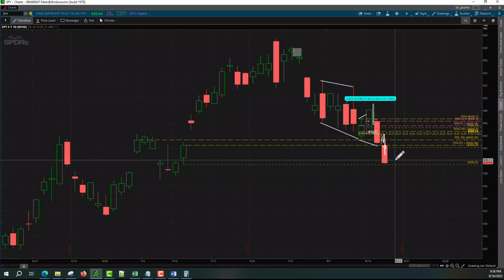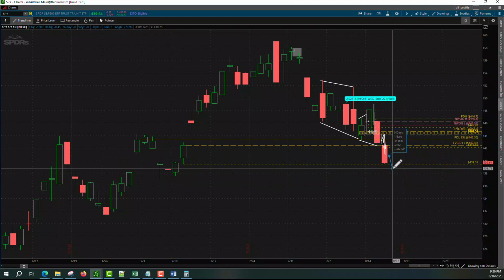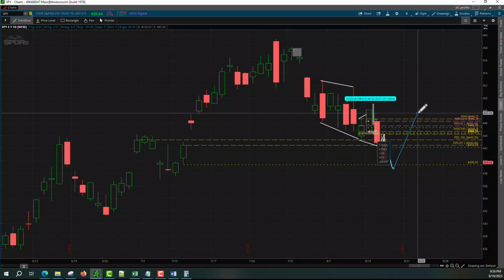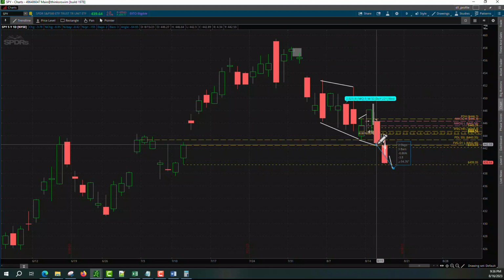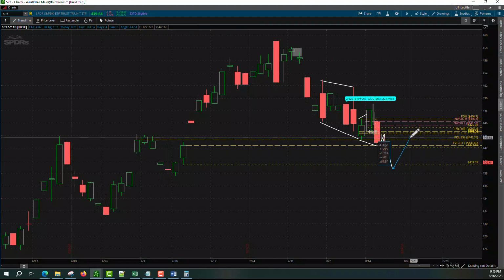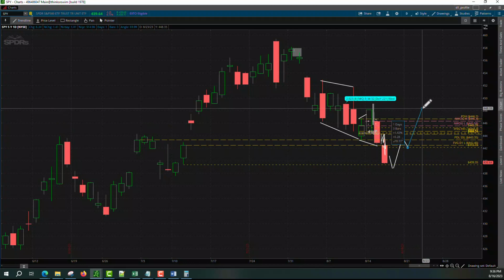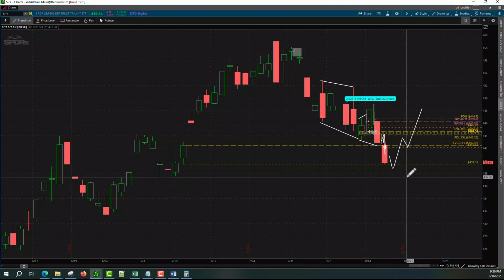So it may go down a little bit right there, and then boom, it's going to go up. It may go up here to the mid level, right? And then pull back, and then boom. That's the scenario for Thursday.